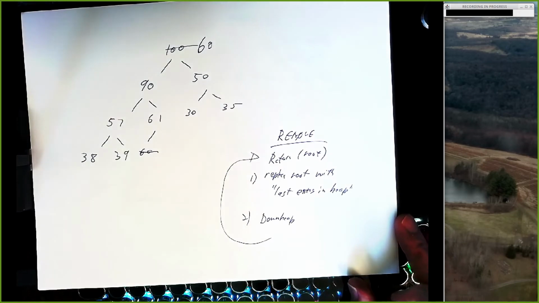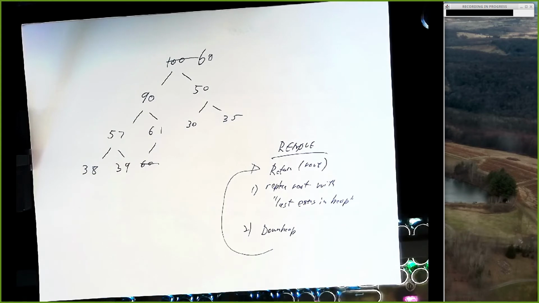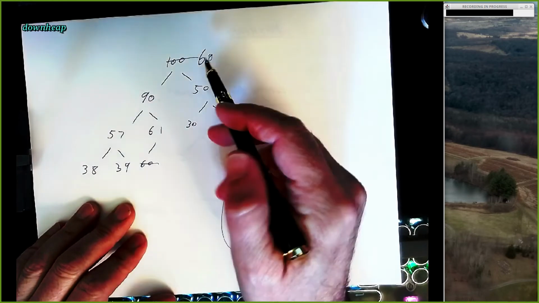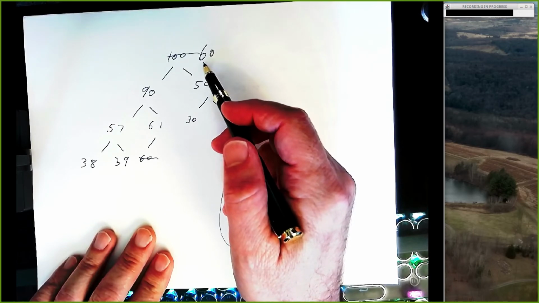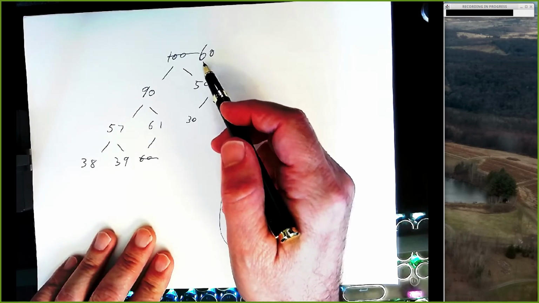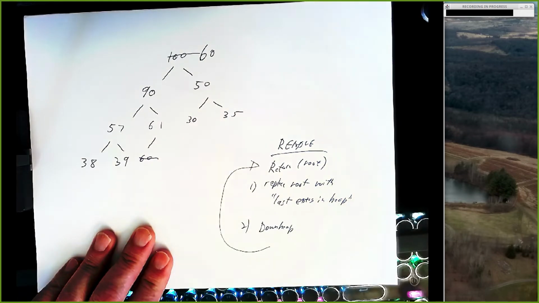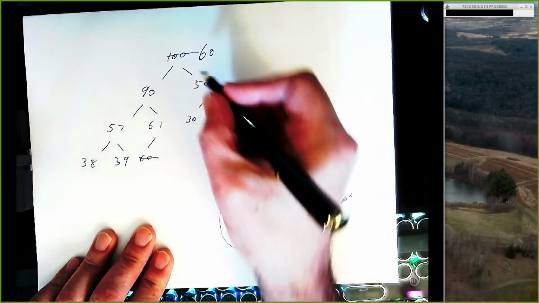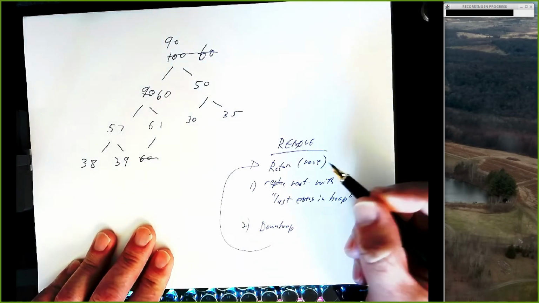So how does the downheap work? Downheap basically begins from the root in this case, and we say, does this node satisfy the heap property? Is this bigger than both of its children? If not, swap with the largest child. So in this case, the 90 is the largest child, so we'll put the 90 here, and we'll put the 60 here.